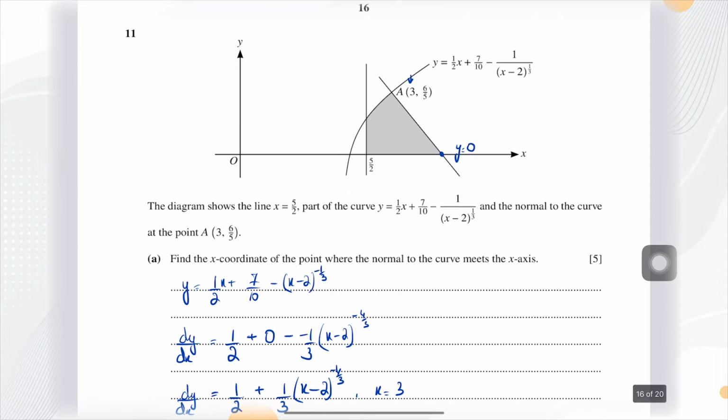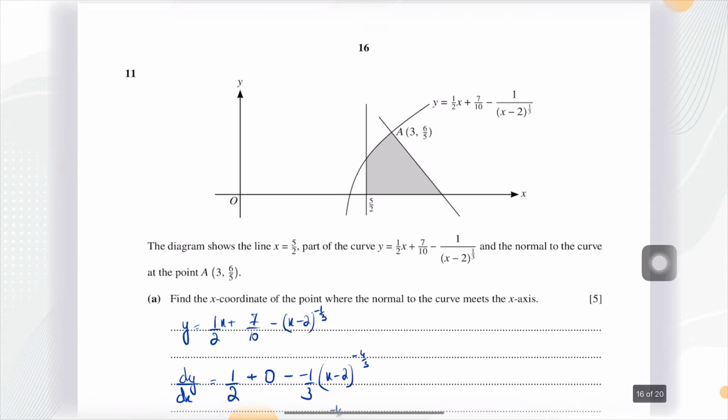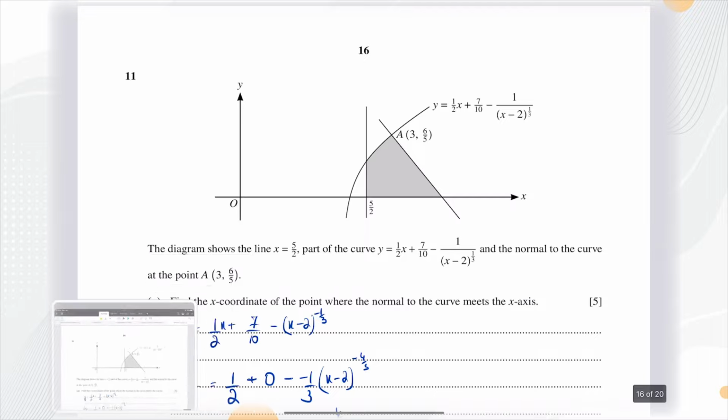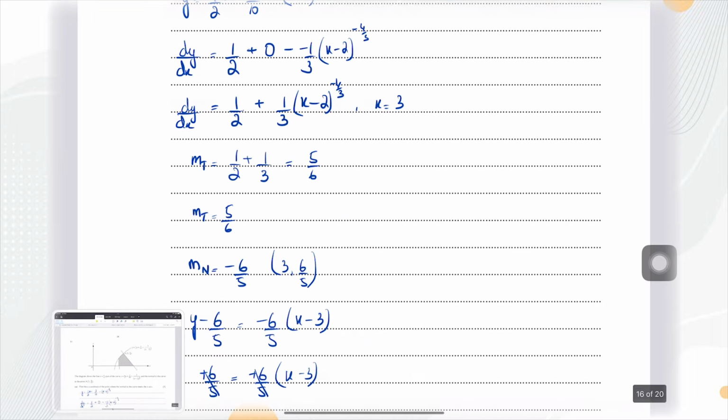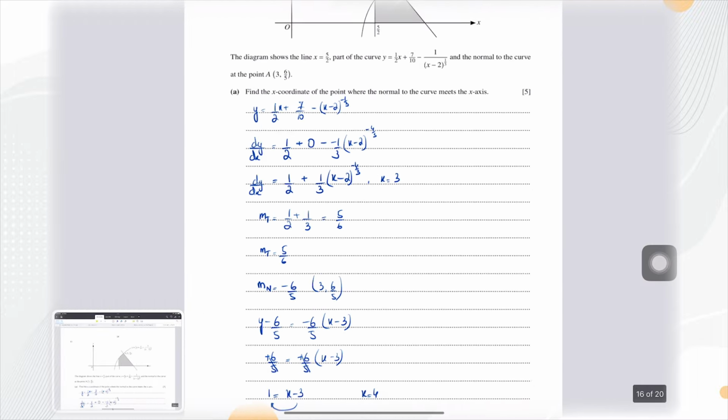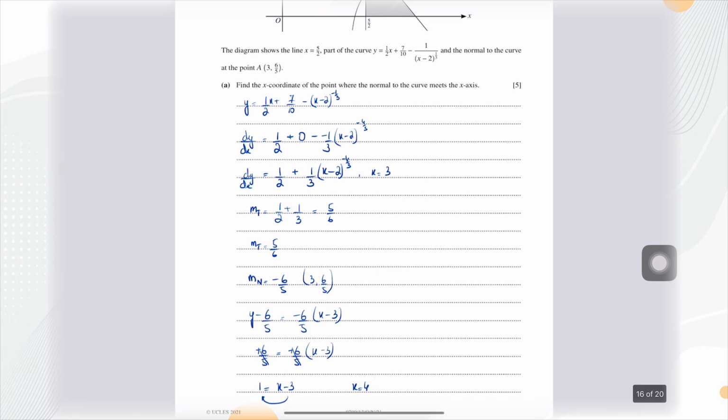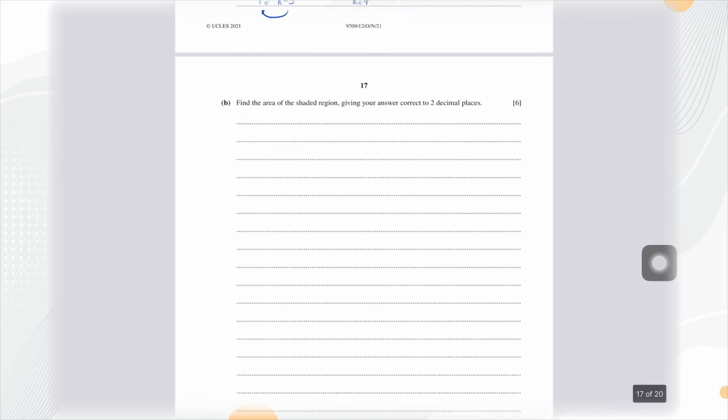So before I can find out the area of the shaded region, let's take a screenshot of this. Sir, could you show me the whole question, the part A solved? There you go. Here it is. Oh, push step 9.